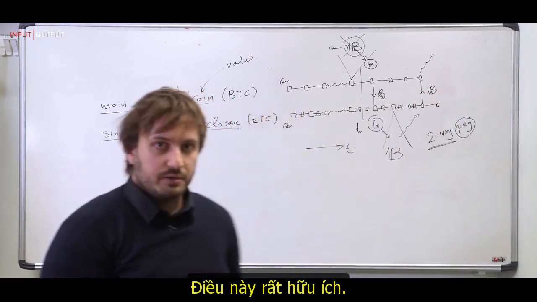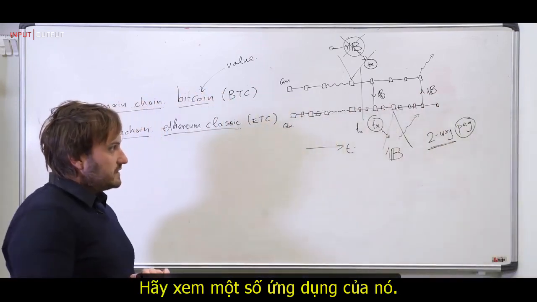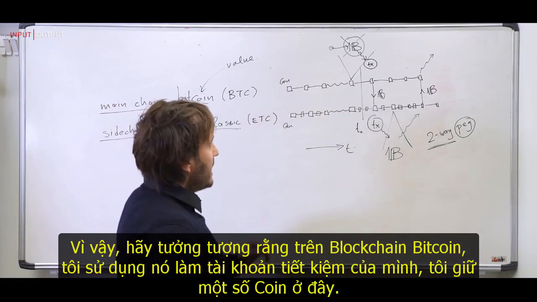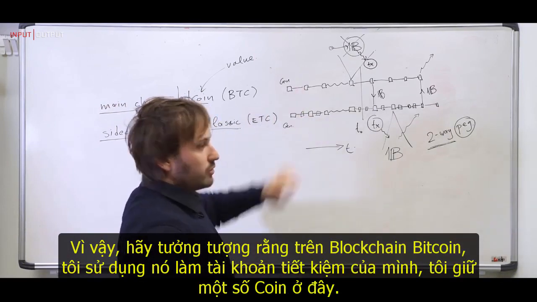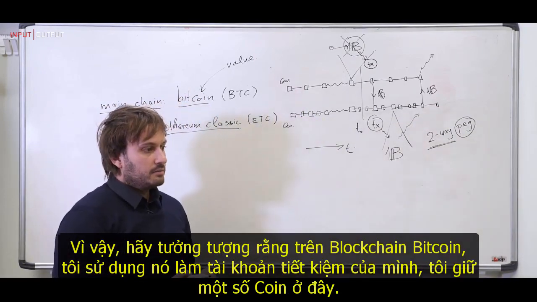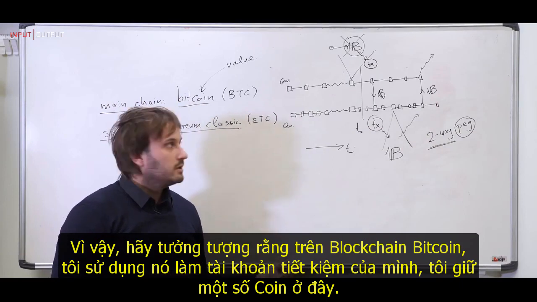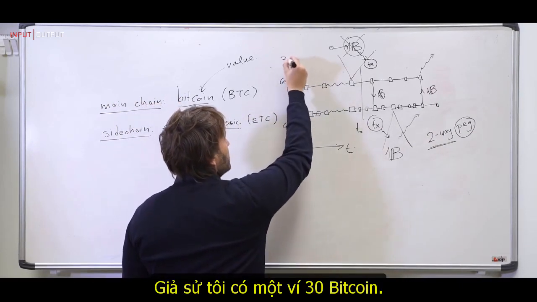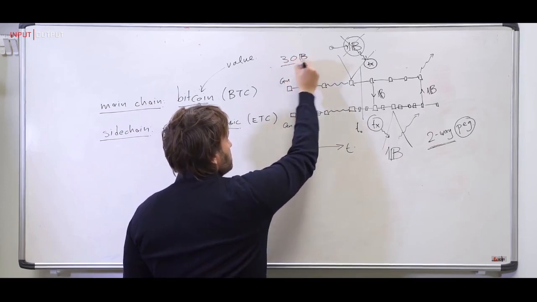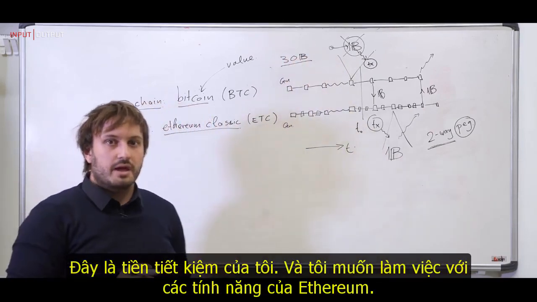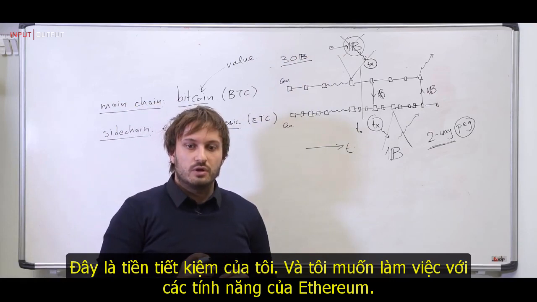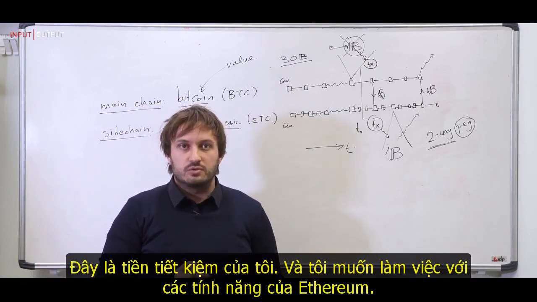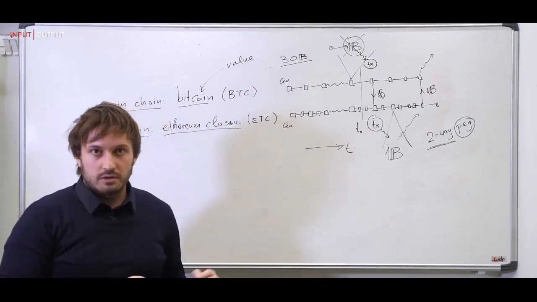Okay, I can move them around like this. So this is already very useful. Let's see some applications of this. So imagine that on the Bitcoin blockchain, I use it as my savings account. I keep some coins here. Let's say I have a wallet of 30 Bitcoin. These are my savings. And then I want to be able to work with the Ethereum features with just some of these coins.